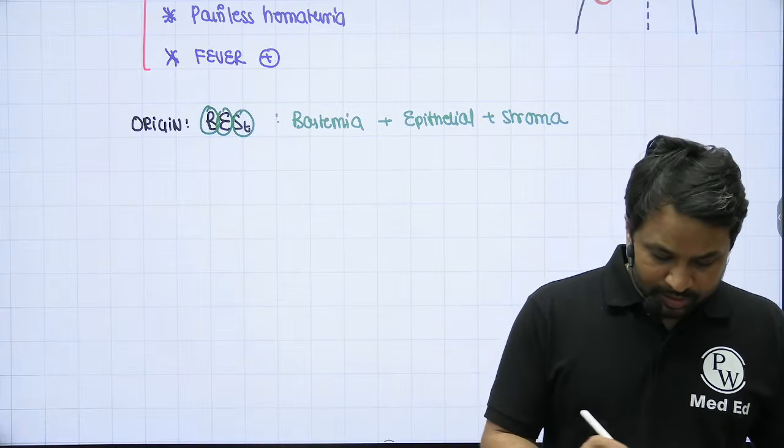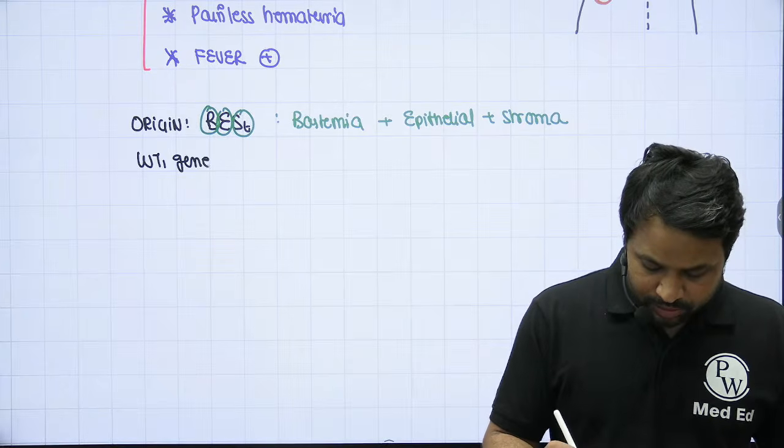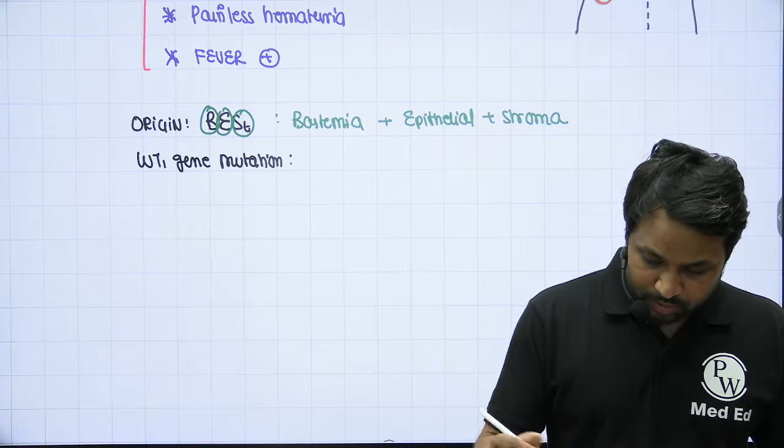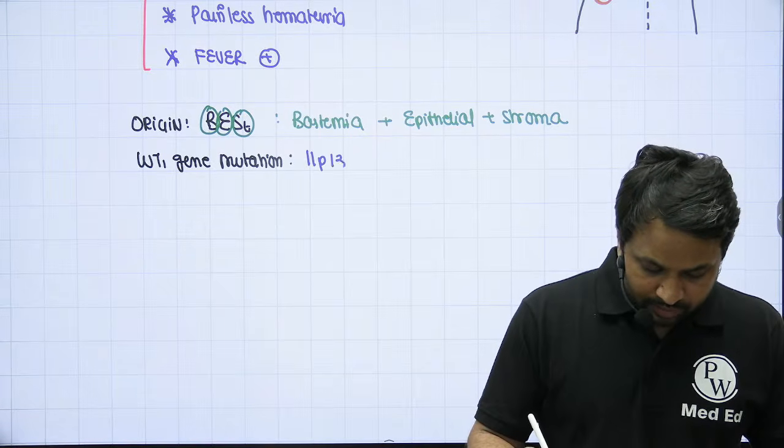Now, Wilms tumor is associated with a gene called the WT1 gene mutation, and this is seen on chromosome 11p13.